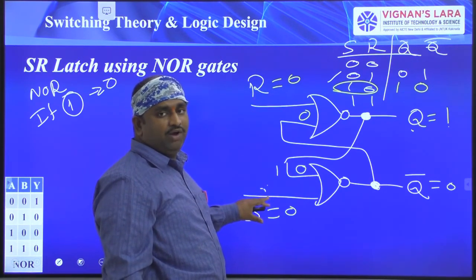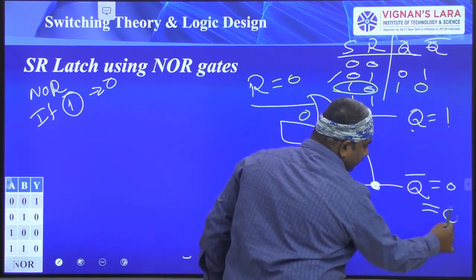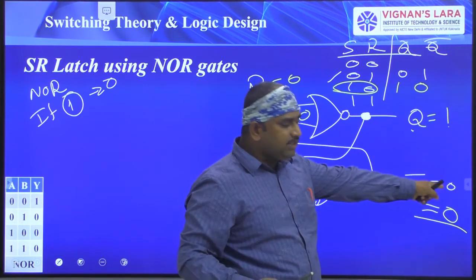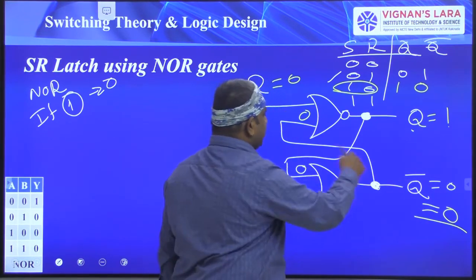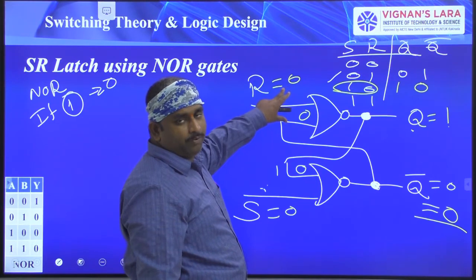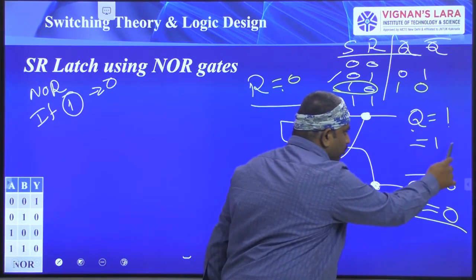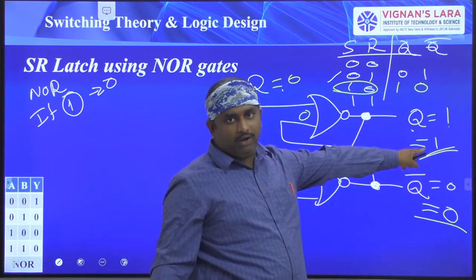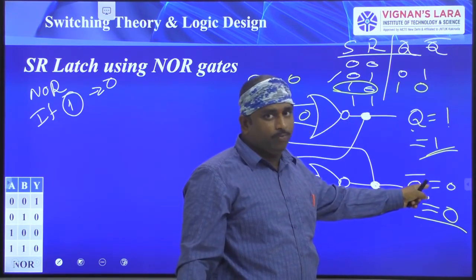If any one input is 1, the output is automatically 0. Previously the output was 0, and now it is also 0. This 0 is connected to the second gate, whose inputs are 0, 0, so the output is 1. The present output 1 equals the previous output 1, and the present output 0 equals the previous output 0.